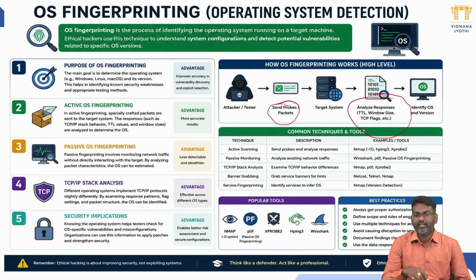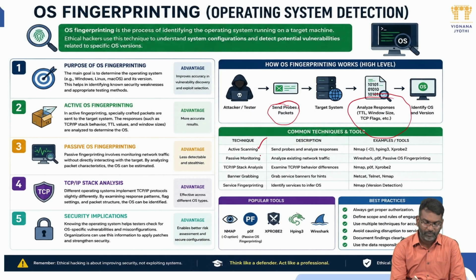So here you can see different types of common tools and techniques with different descriptions. First of all, we have active scanning, which is mainly to probe and analyze the required responses. Here we will be using Nmap. Nmap is one of the best tools used in ethical hacking, network scanning, OS scanning and everything.